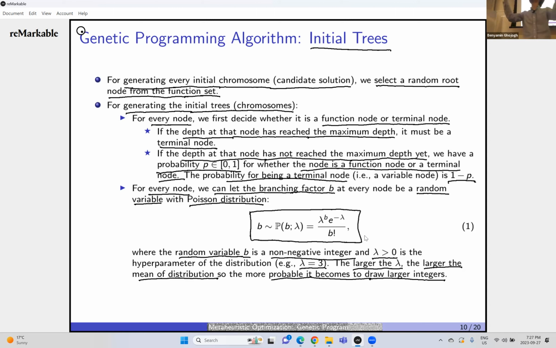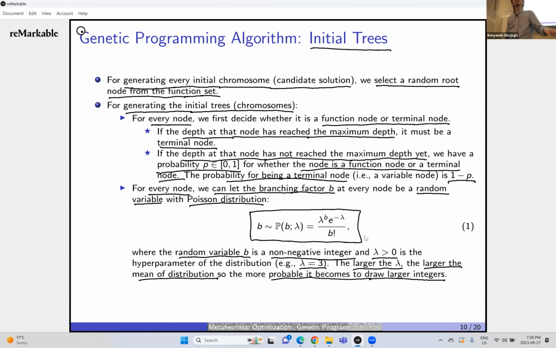Then I will have some children of this root. For each child, I decide randomly whether I want that to be a terminal node or an operator node, randomly with probability p. And so I can grow the tree randomly. Sometimes I stop, sometimes I grow that part.